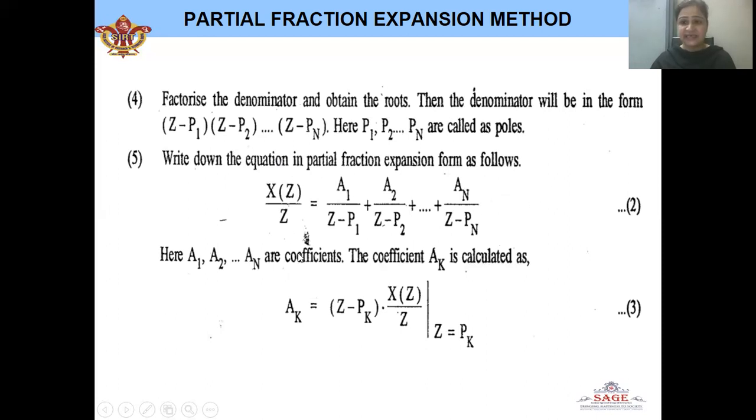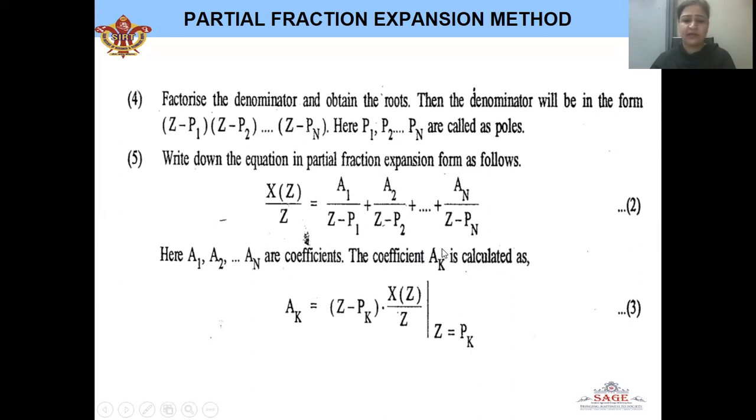That is, X(z) upon z will be written as A1 upon z minus p1 plus A2 upon z minus p2 plus A3 upon z minus p3 till An upon z minus pn. Here A1, A2 till An are the coefficients, and we can determine the value of these coefficients.